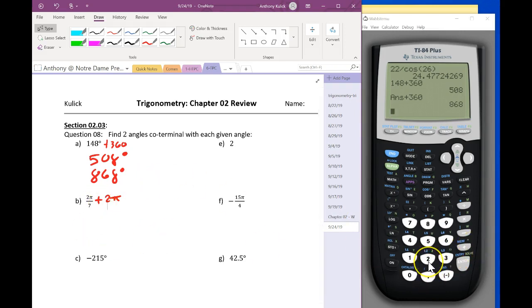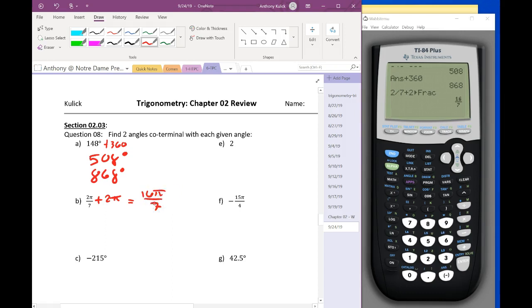I'll show you a neat little trick here to get around adding fractions. Not that adding fractions is hard, but to save yourself some time, I'm just going to drop the pi's. So I'm going to do 2/7 plus 2, and then I'm going to press the math button and select the fraction command. So that's really 16/7, and then I'm just going to put the pi's back in there.